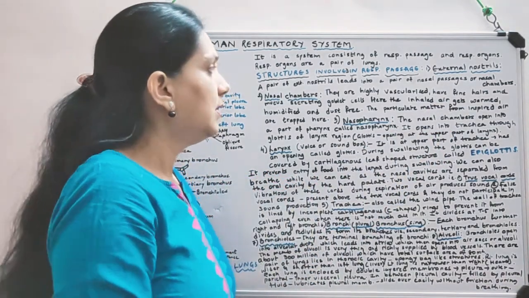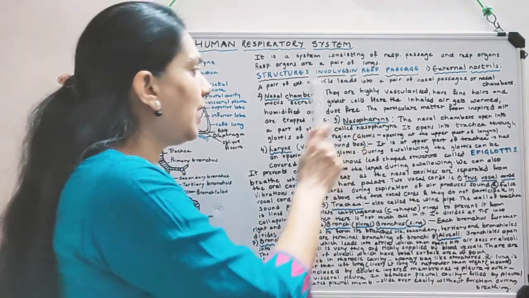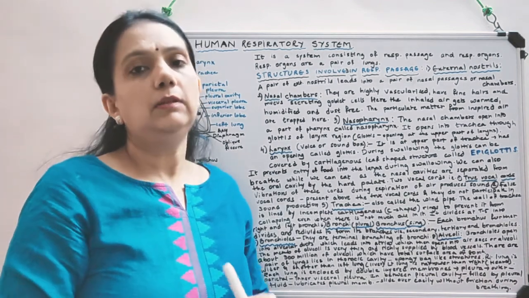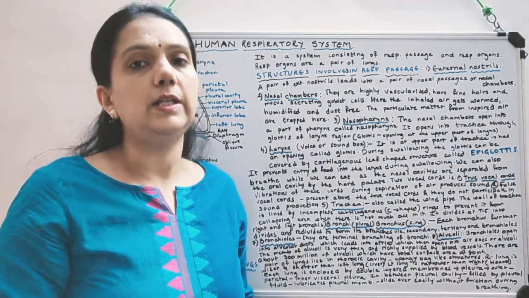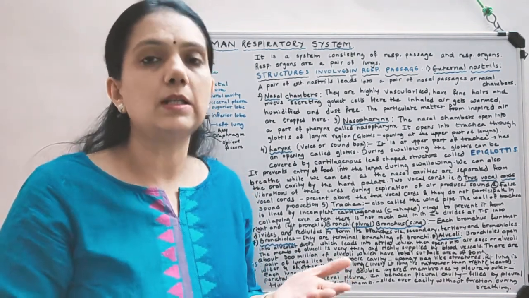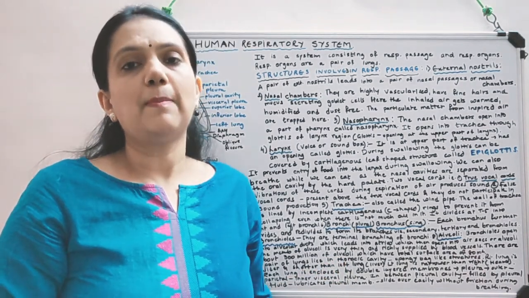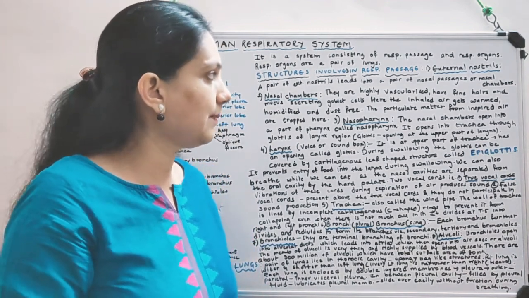So the rich blood supply, the fine hairs and mucus make the inhaled air clean from dust particles, particulate matter and microorganisms. These are trapped by the mucus secreted from the goblet cells.